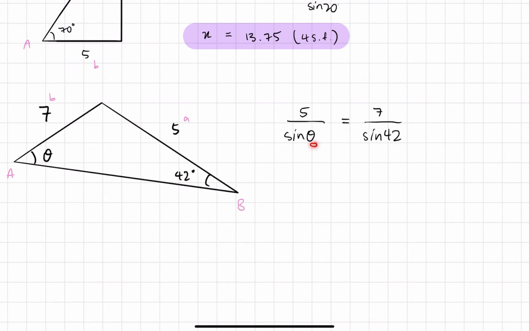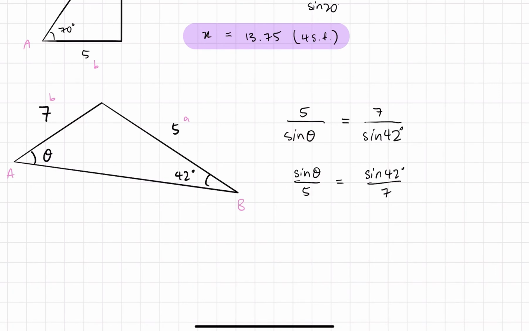Now seeing as theta is the one that I want to find, we're going to flip everything over: sine theta over 5 is equal to sine 42 over 7. With that being said, if you ever do a question like this in the future and you know that the angle is the one you're looking for, maybe after a lot of practice you can skip this line and jump straight to this, mainly with the idea of putting the unknown that we want to find on the numerator.